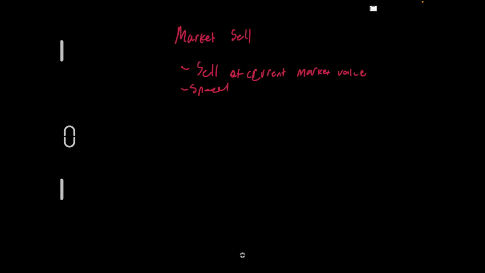So this is usually used when an investor believes that a stock is going to plummet really soon. So this can also be used when you think a stock will continue to drop and will never rise again at a higher price.